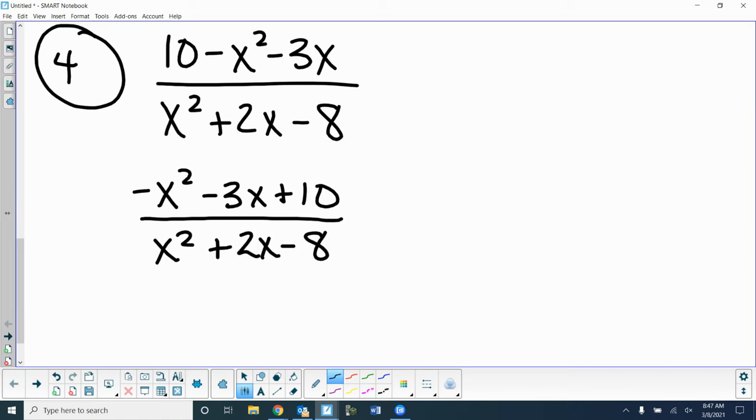Okay. What else is messed up? The negative x squared, right? We don't like it. We like it like the bottom, positive x squared. So what we're going to do is factor out that negative 1.